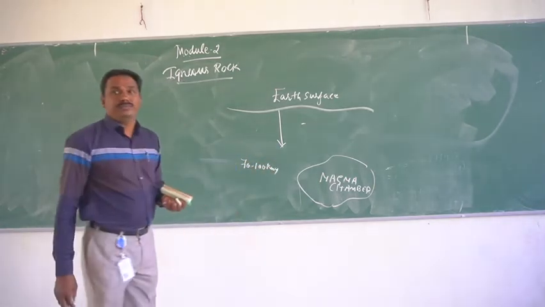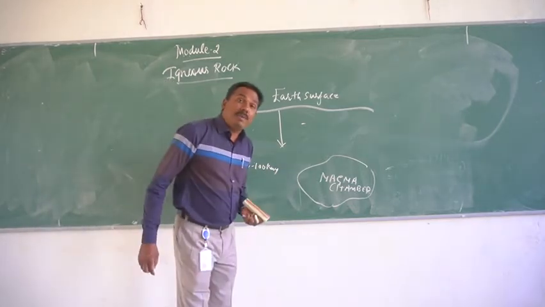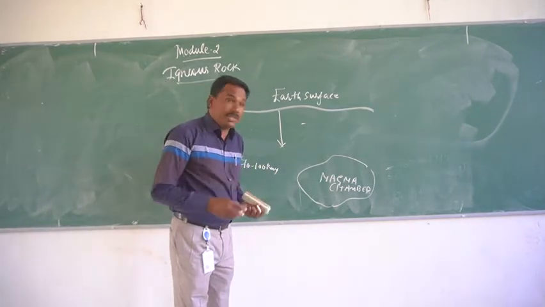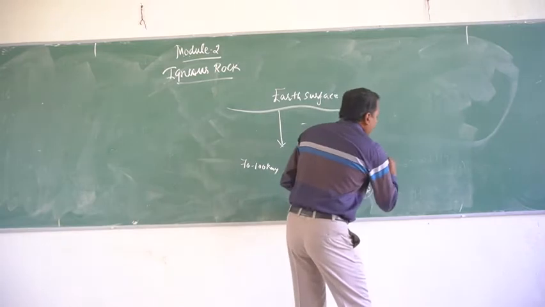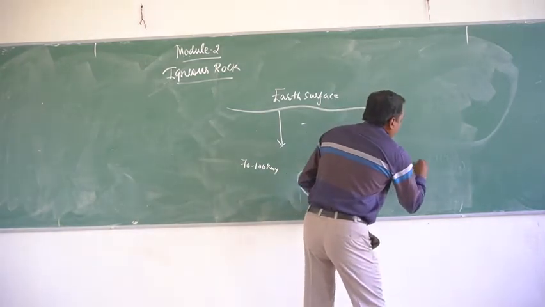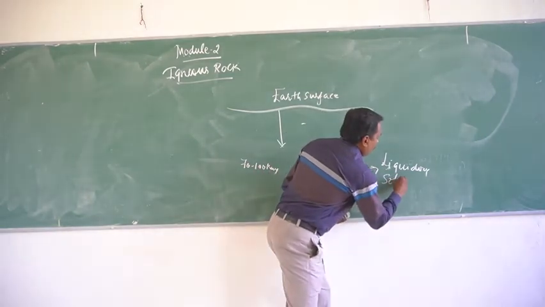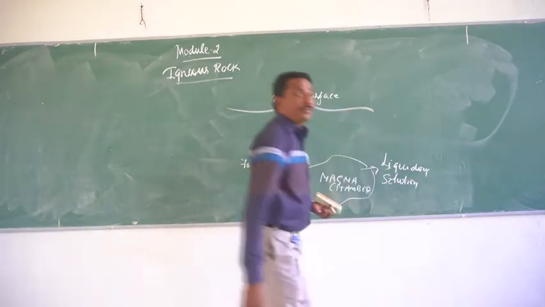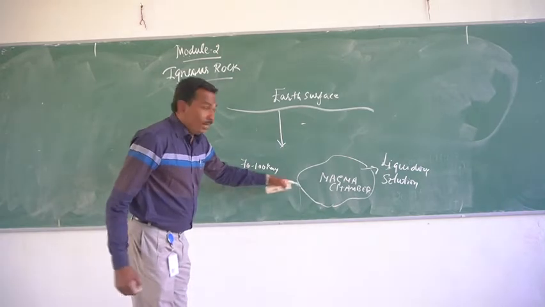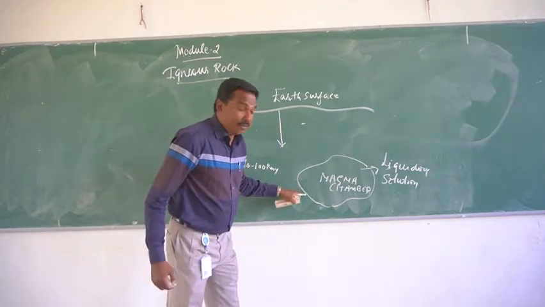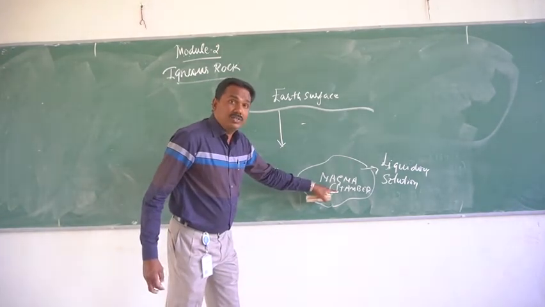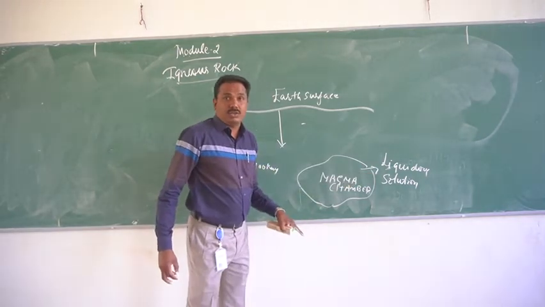What is this magma chamber? This magma chamber is liquidus in nature, that is, a solution. The magma chamber beneath the earth surface is liquidus in nature, that is, a solution.